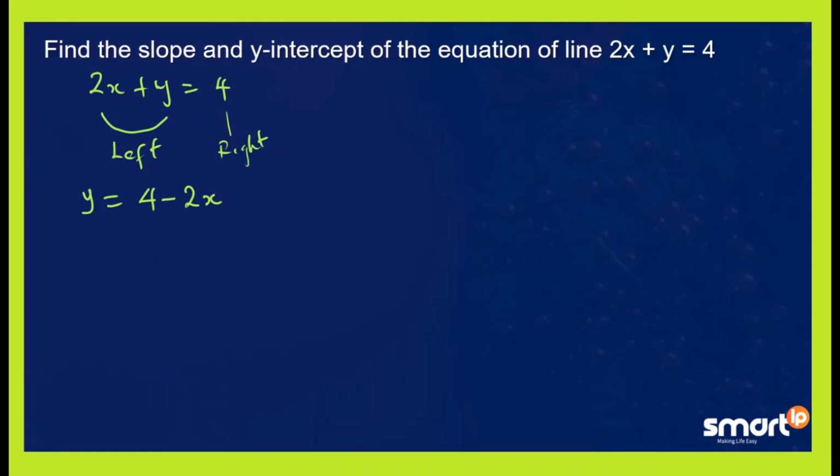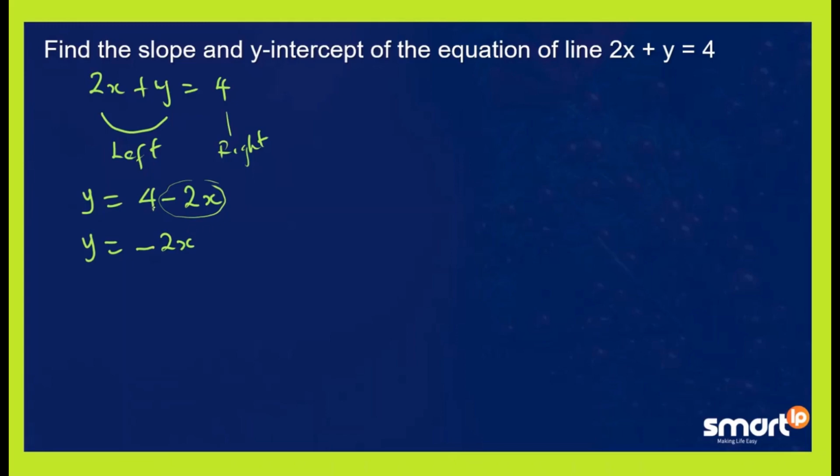Okay, this is cool. Now we need to rearrange what is on the right hand side. So we can rearrange it like this: y equals, so we're going to write this minus 2x first, because that is negative 2x.